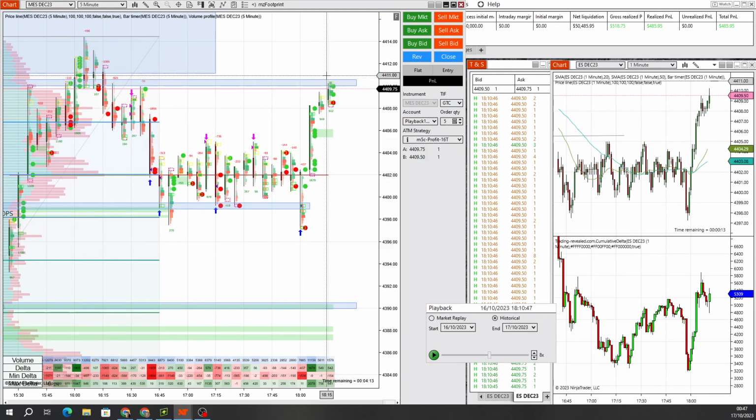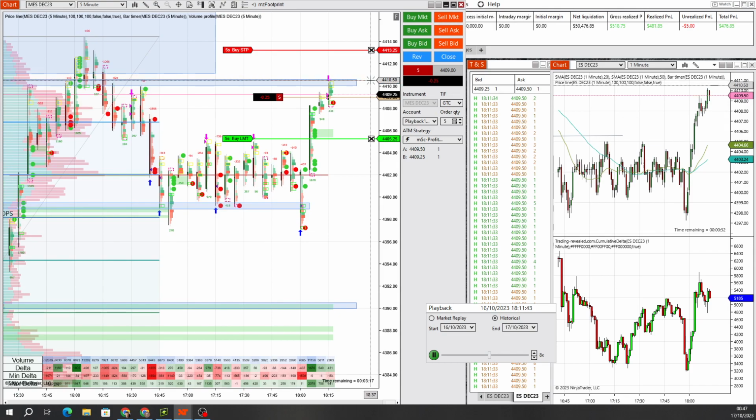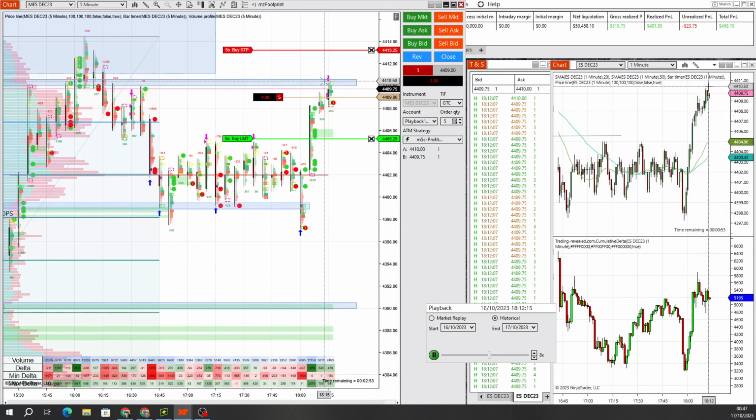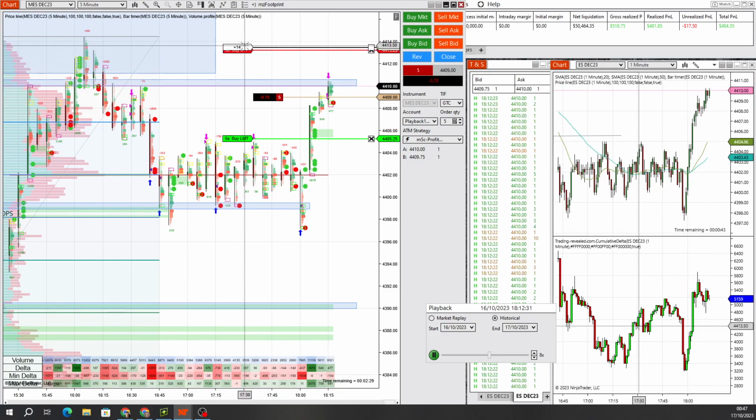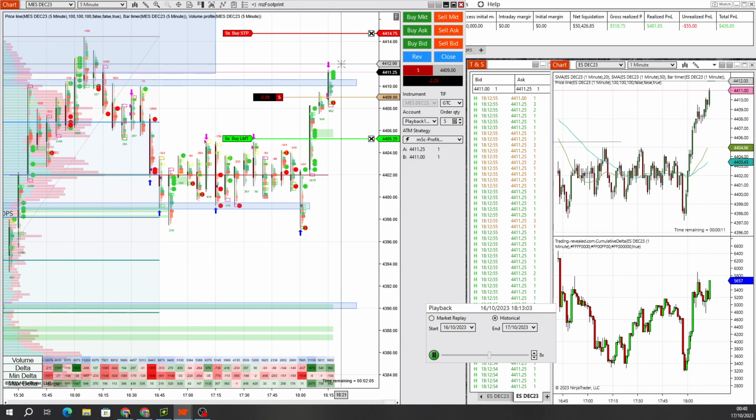So what we should do is try to get short here. We will actually go short. Order filled. Order canceled. It might run away. The stop loss needs to be above that. If we go higher, then we're done.